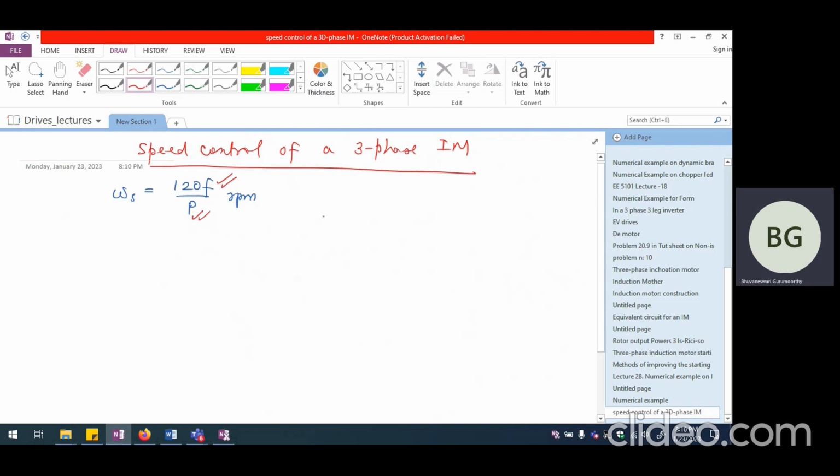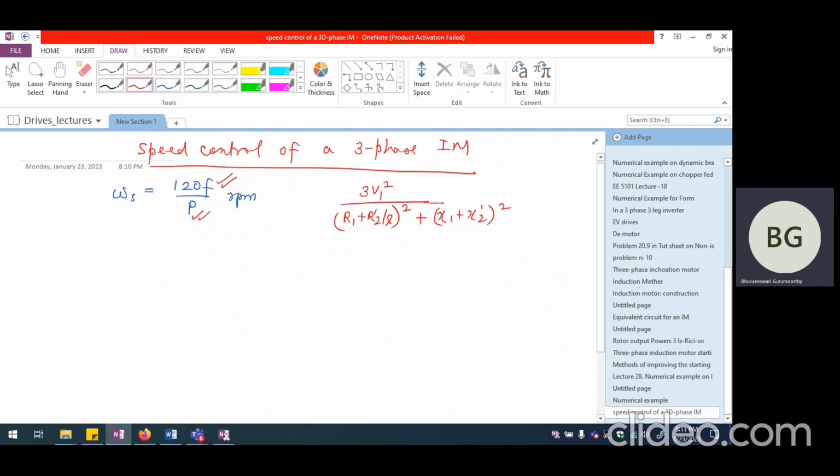But the torque can be controlled, because we said the torque is 3 V1 square divided by R1 plus R2 dash divided by S, the whole square, plus X1 plus X2 dash, the whole square.